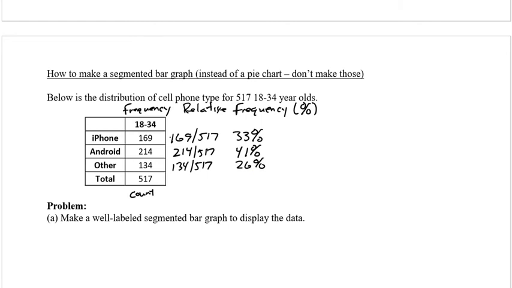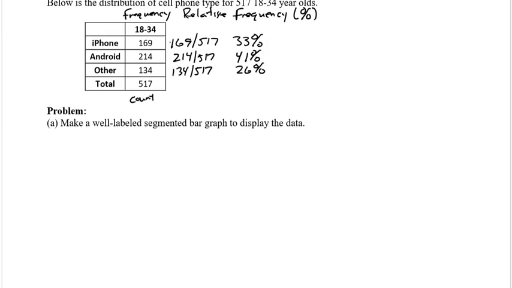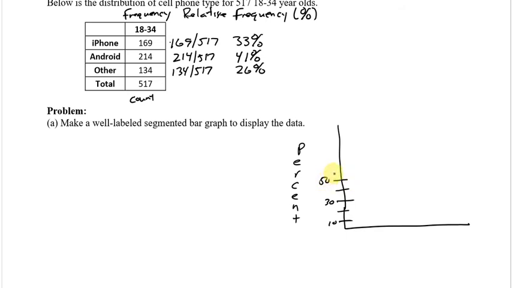So the way we make this segmented bar graph is we are going to draw and label. The percent goes on the side, and we still have to do 10, 20, 30, 40, 50, 60, 70, 80, 90, and 100 at the top.